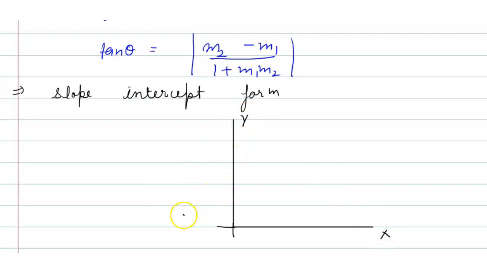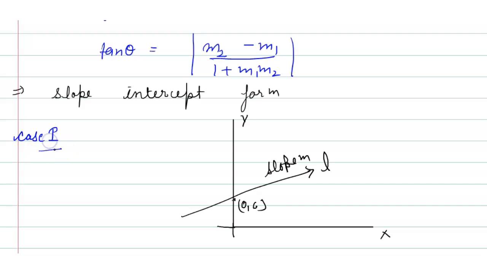Now draw a slope. Let the slope be m and the line be L. Here is the coordinate (0, c). c is the intercept point, the distance c is called the y-intercept. Here is the y-axis.